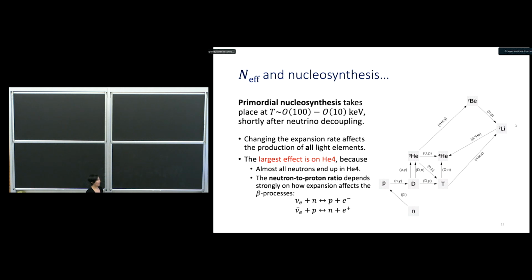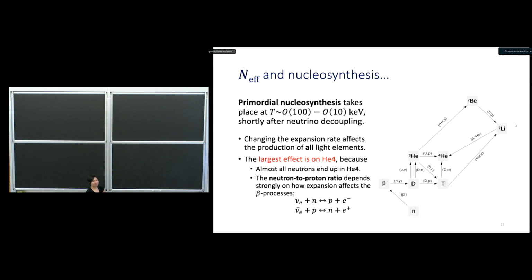Okay, and the neutron to proton ratio itself depends on how expansion affects what I call the beta processes. Okay, so these are the beta processes. So you combine an electron neutrino with a neutron, you get a proton and an electron, and there's also this analogous process here for the anti-neutrino.